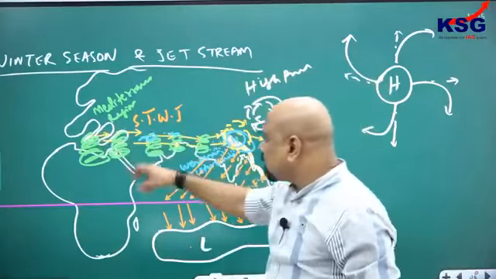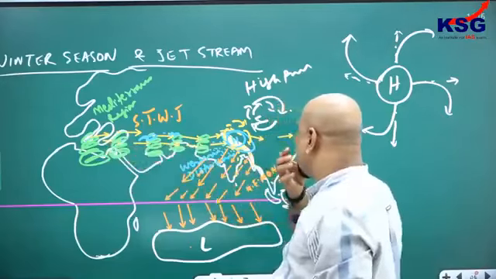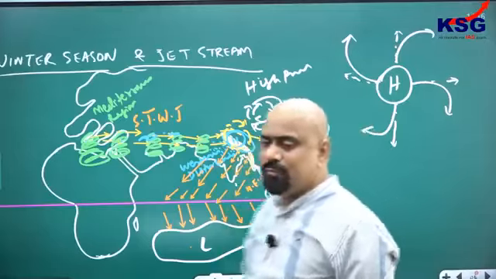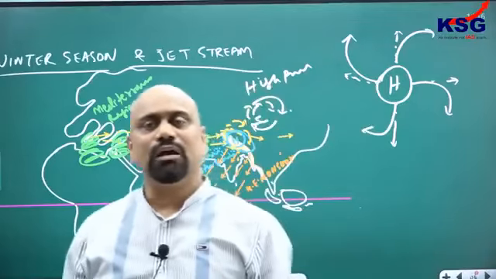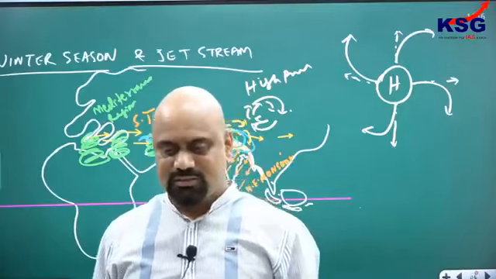Intensification is there. So a lot of such low pressure conditions migrate in this way, which also brings rainfall to the western part of the Himalaya, and parts of Punjab, Haryana, etc., known as western disturbances.